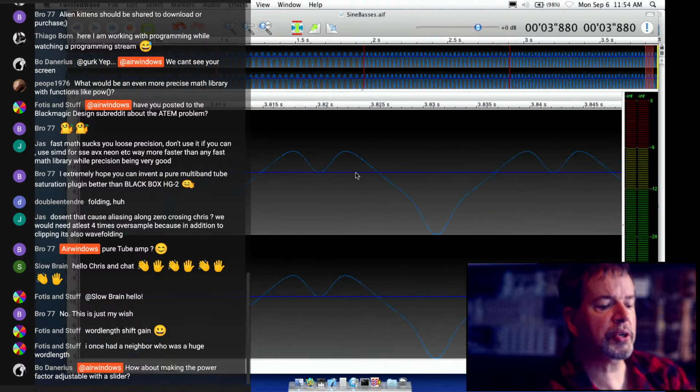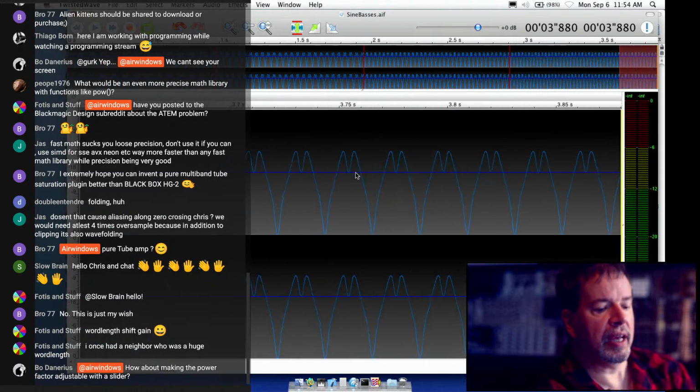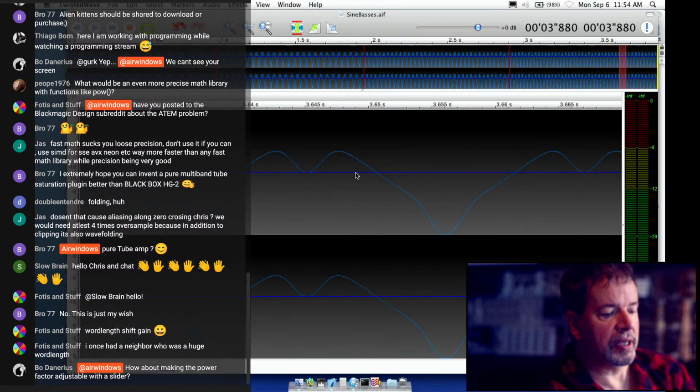I think we're also going to have a higher and higher spike as we go until it starts to kick in and starts to pull it down. And of course, when we get to 1, it's right down to the center again. And if we had a symmetrical distortion, it would be doing exactly the same on the other side.